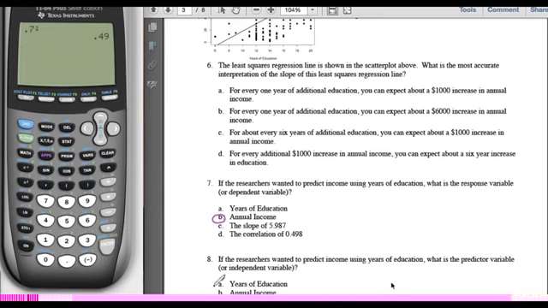I would expect on number 8, the years of education to be my predictor or independent variable. This bottom could be our explanatory, could be our independent, or it could be our predictor variable. Along this y-axis, that could be your response variable, your dependent variable, or your predicted variable. Those were terms that we discussed in chapter 4.